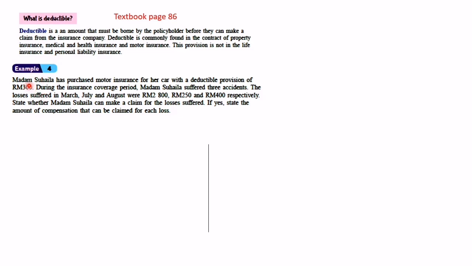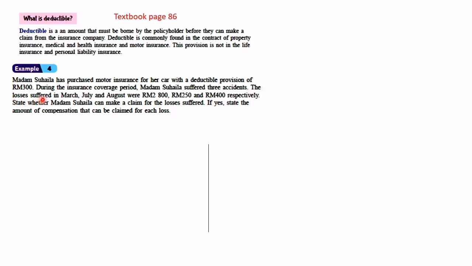Example 4. Madam Suhaila has purchased motor insurance for her car with a deductible provision of 300 ringgit. During the insurance coverage period, Madam Suhaila suffered 3 accidents.